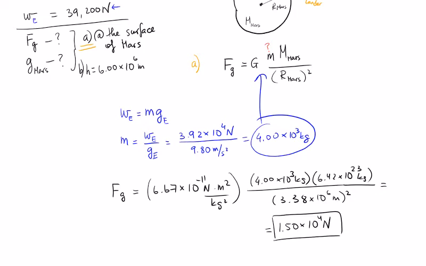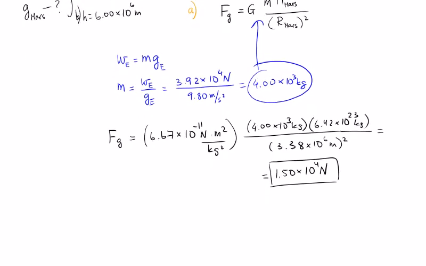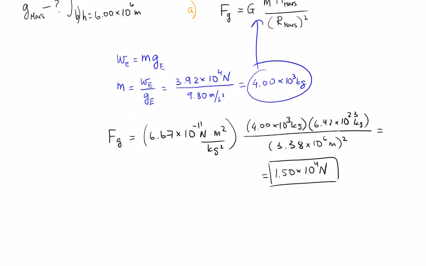Now to find the acceleration due to the gravity of Mars at its surface, we will do gravity of Mars equals force of gravity divided by the mass.